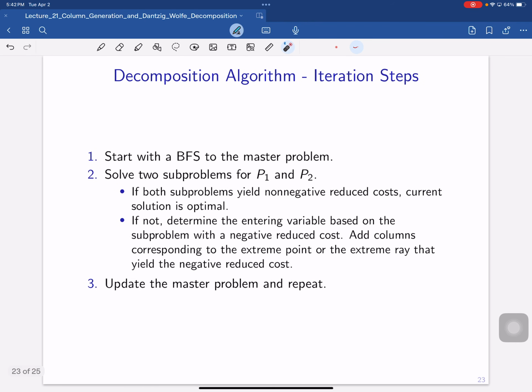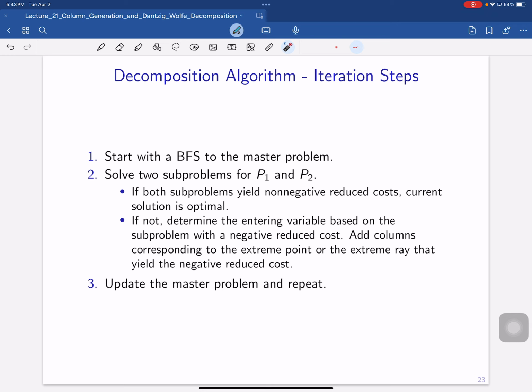Let's repeat the procedure. You start with a basic feasible solution to the master problem. Then you solve 2 subproblems for P1 and P2. If both problems yield non-negative reduced cost, then you prove that the current solution is already optimal. Otherwise, you will generate either an extreme ray or an extreme point that gives you a negative reduced cost. Then you add a column back to the master problem and resolve it.